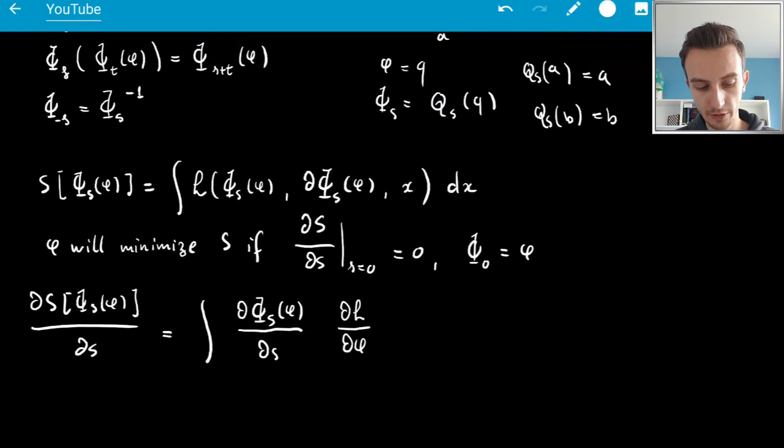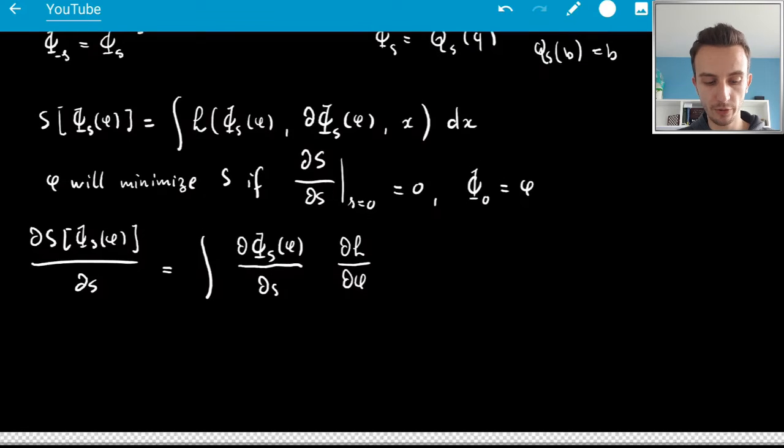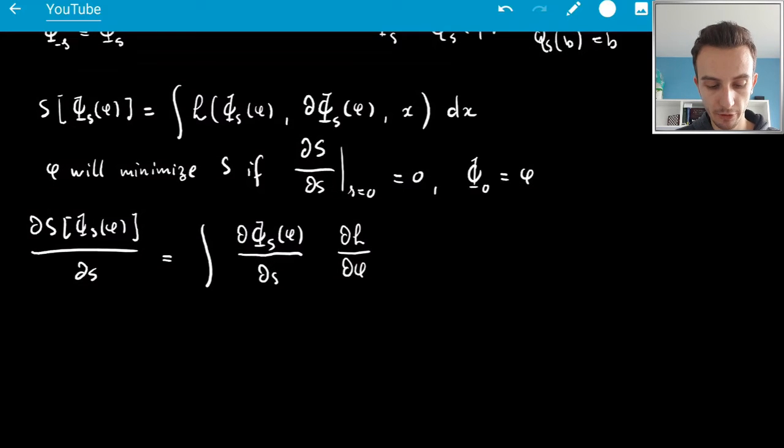Okay, here I'm just implying that this is where phi is normally, this is where del phi is normally, but you know, the chain rule is just find the first derivative with respect to the first argument. It doesn't matter which symbol you put. So that's what I mean by this notation.